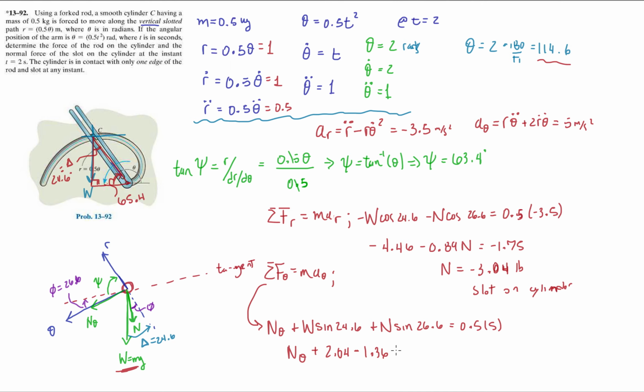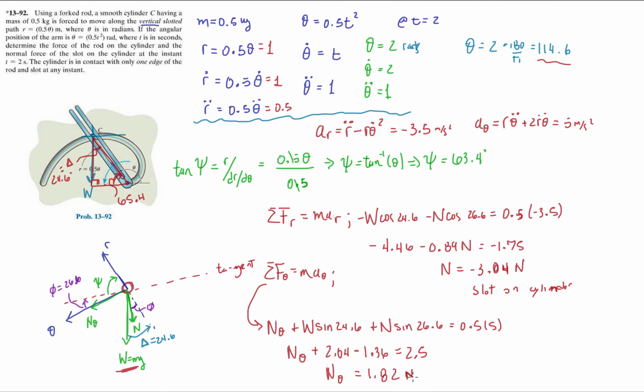Alright, and 0.5 on this side. What else? And then let's isolate n theta. 2.5 plus 1.36 minus 2.04. And then we get 0.82 pounds. Oh, sorry. Why pounds? Why am I doing pounds? These are newtons.